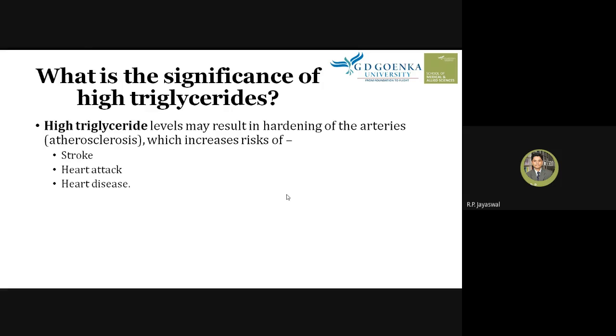Atherosclerosis is defined as a hardening of arteries, in simple language. And this will increase the risk of stroke, heart attack, and heart diseases. So this is the clinical significance: the triglyceride level should not be high in our blood. Otherwise, it can increase the risk of heart disease or stroke-like conditions.